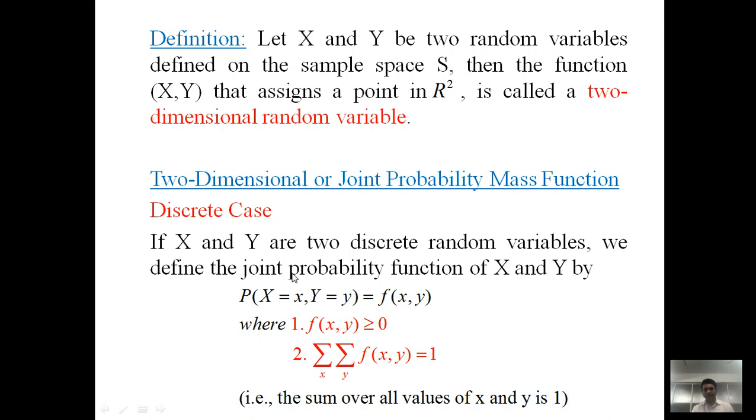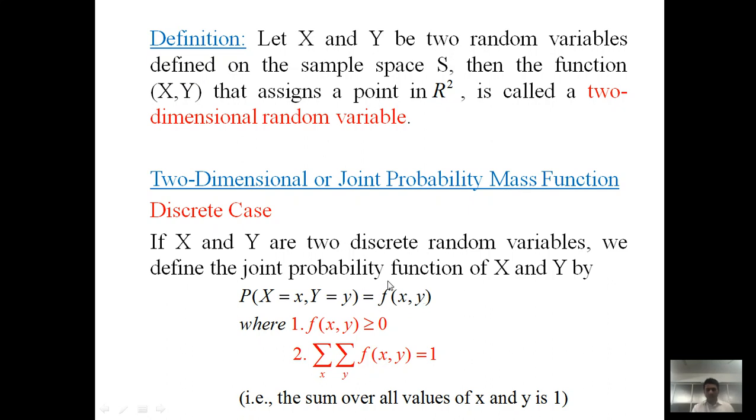We define the joint probability function of these two variables X and Y by the probability that capital X is equal to small x and capital Y is equal to small y, also represented as f of (x, y).